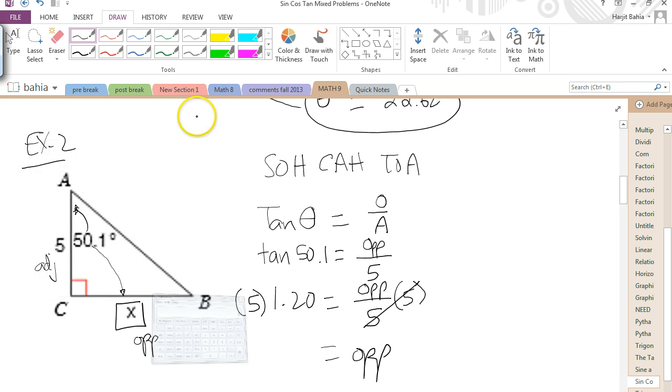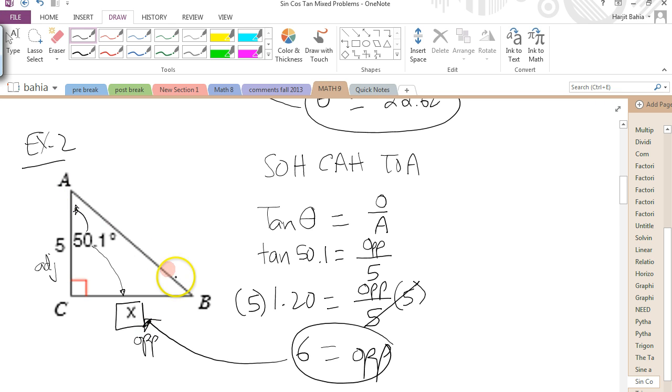The unknown side is 6. Right there. Again, this unknown side here, we could figure that out. Once we know that's 5 and that's 6, we could use Pythagoras and figure out what that side is. But this question is not asking for that, so let's not worry about it.